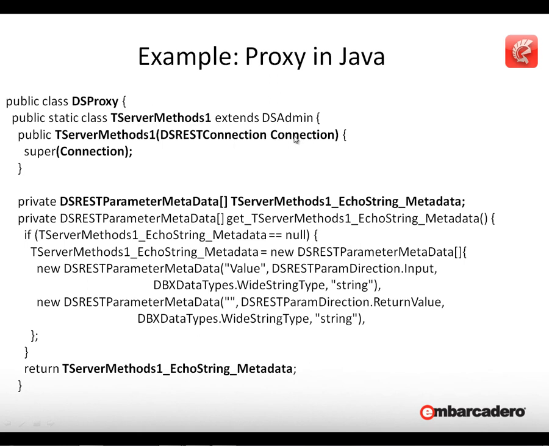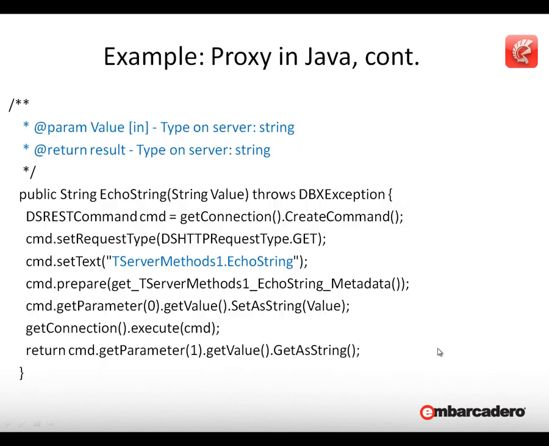When I create this class, I have to pass the connection I'm going to use, with the username, IP address, port, password, and so on. Under this class, you have a number of methods to interact with the metadata, plus the representation to call your method on the server side.